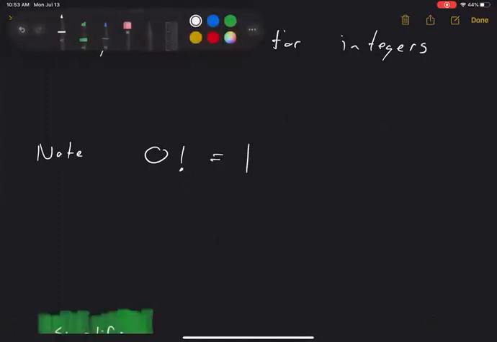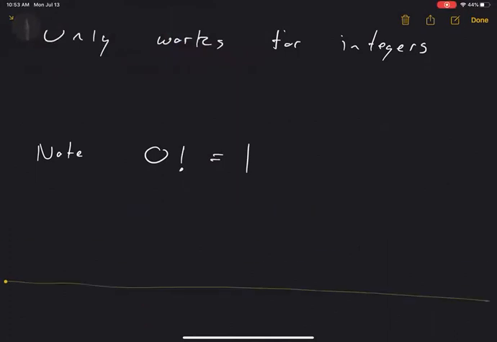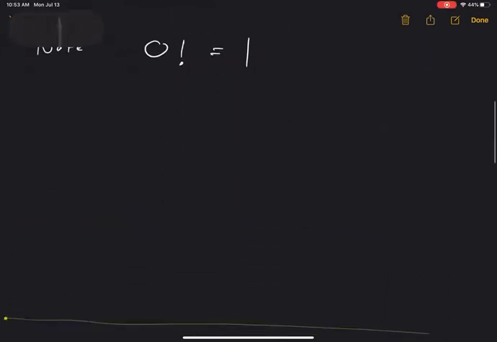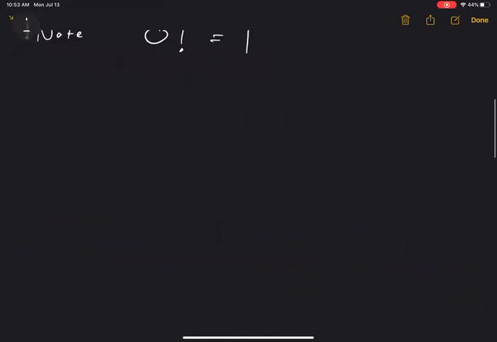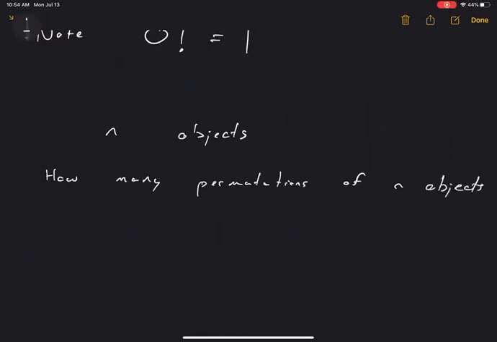So where did factorial come from? Factorial came around when people were looking at a group of n objects and wanted to figure out how many permutations of n objects there are.